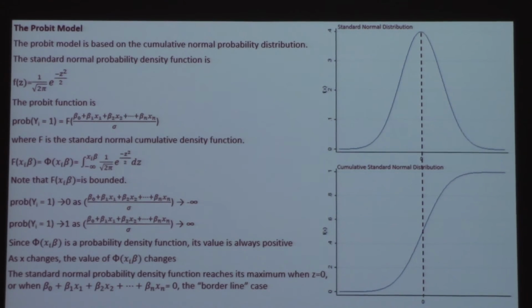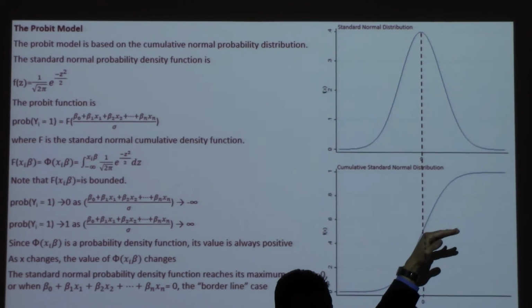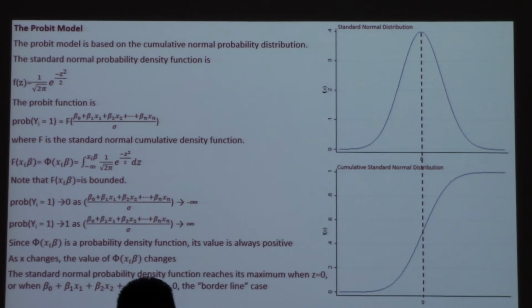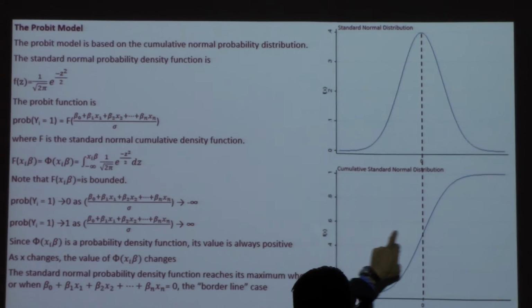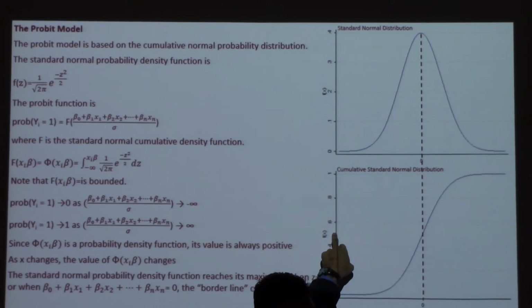In our S function, it's the point at which the curve goes from being convex to concave. It's that point of inflection in mathematics. And the reason that's important is because it's the point at which, right here, the probability will be exactly 0.5, 50%.